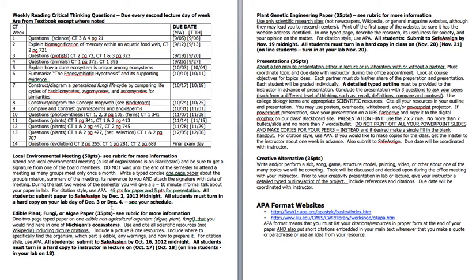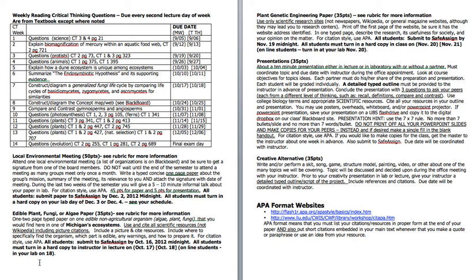If you choose to do the edible plant, fungi, or algae paper, there is a rubric for turning in that paper. You're going to type a 1 or 2 page paper on an edible, non-agricultural organism, algae, plant, or fungi that you'd find here in Michigan.